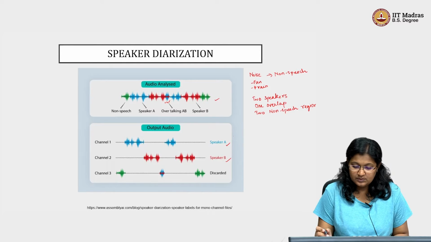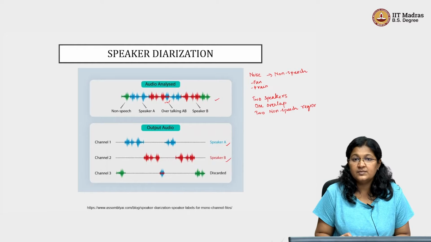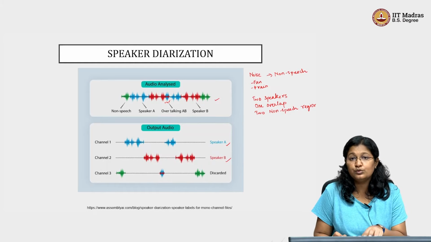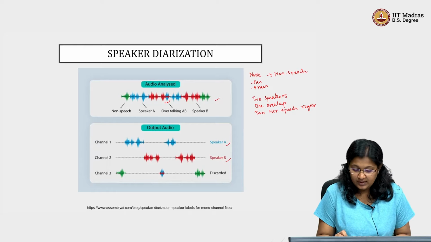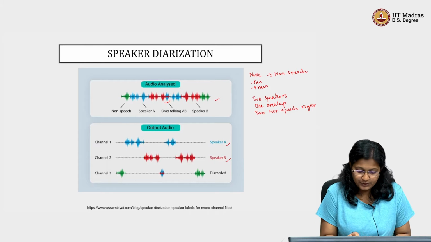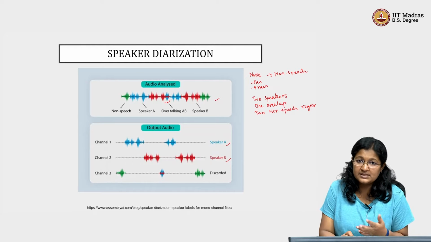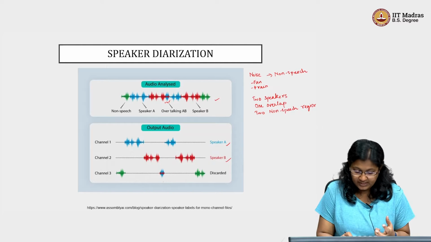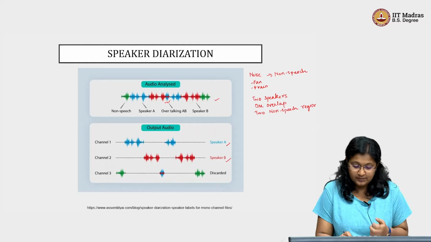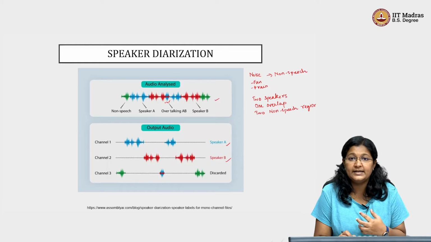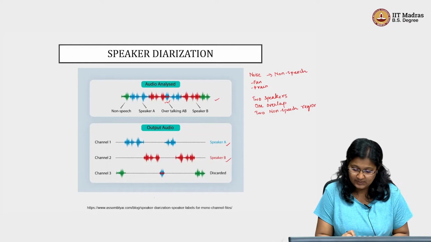So you see that it can split the whole audio into two different audios. And you have some noise and overlaps that will be discarded, but not in all cases is the overlap discarded. In end-to-end you can handle it better. So we will see how overlaps are handled better in end-to-end based techniques.